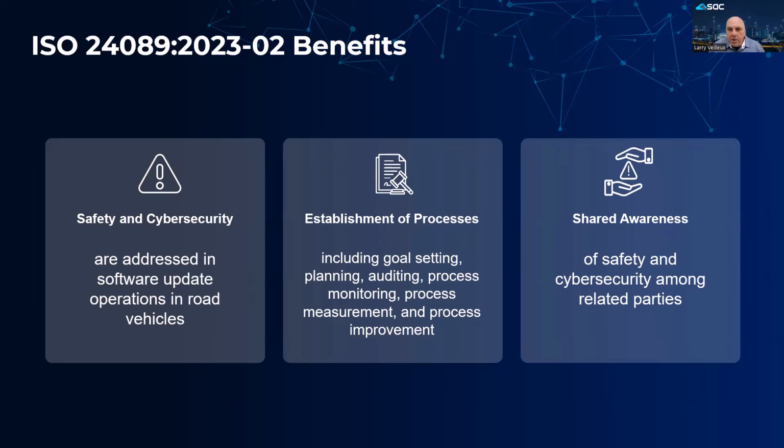Safety and cybersecurity are addressed in software update operations in road vehicles. Establishment of processes, including goal setting, planning, auditing, process monitoring, process measurement, and process improvement, and shared awareness of safety and cybersecurity among related parties.